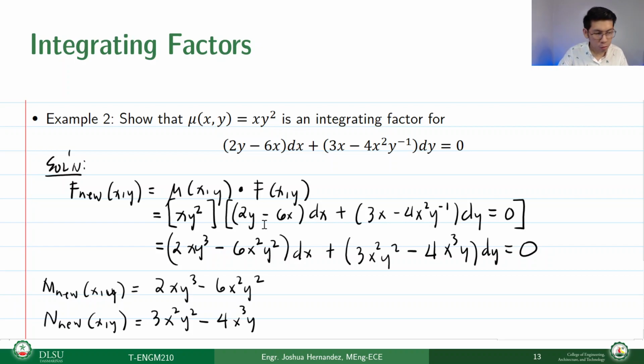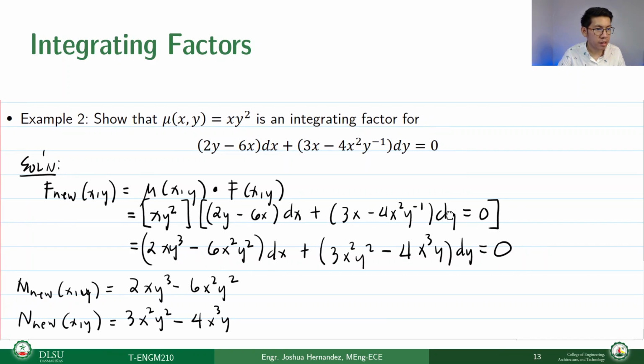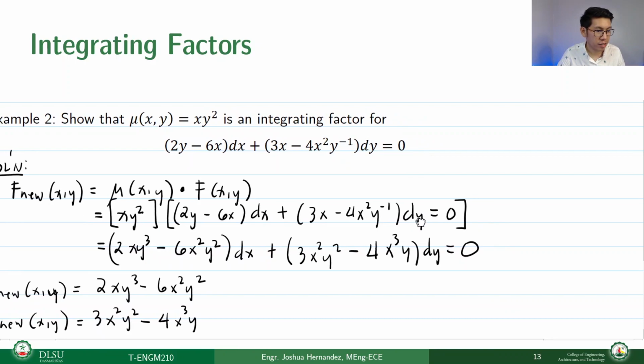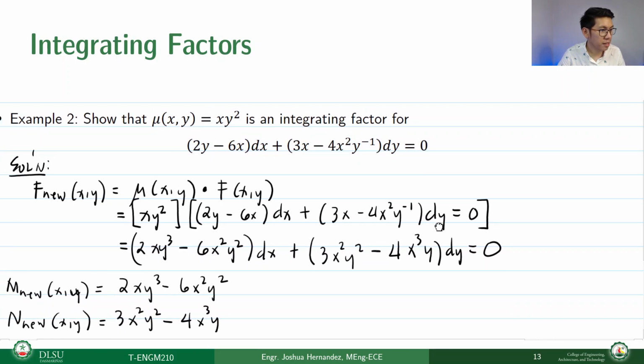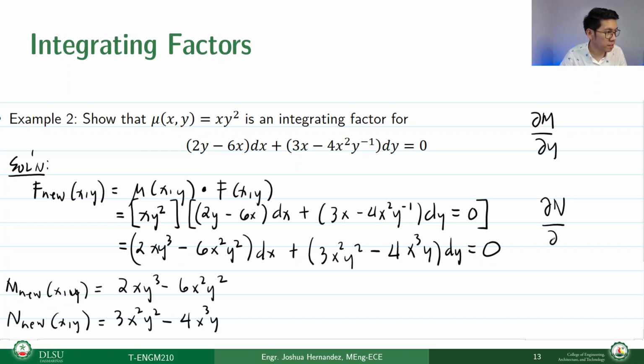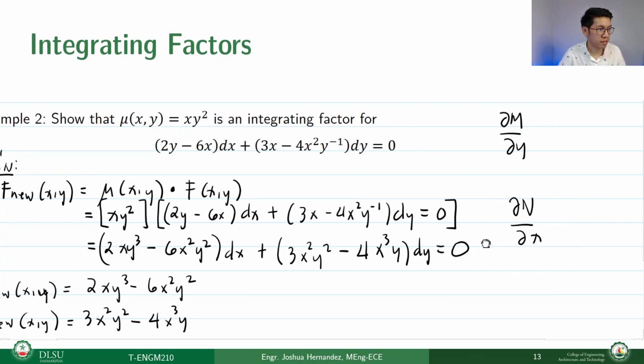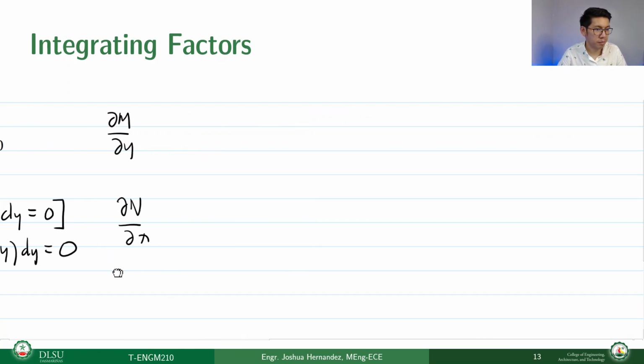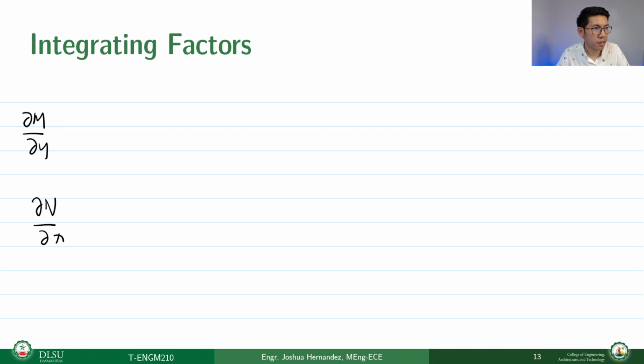Now, we check for exactness by doing the test for exactness, actually. So that is by taking the partial derivative of M with respect to y, and taking the partial derivative of N with respect to x. So let's go ahead and do that. Okay.